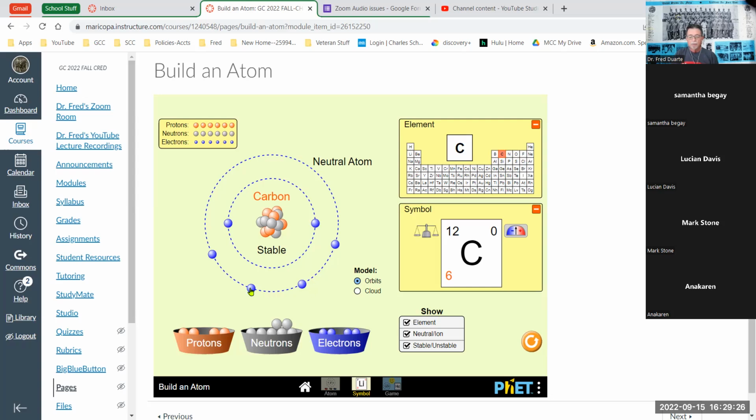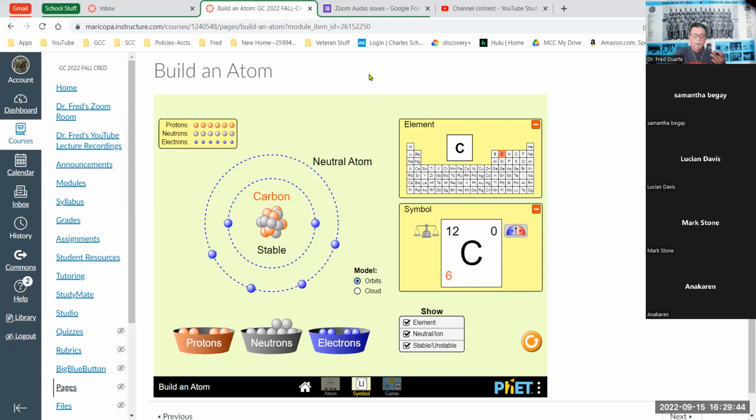There are 4 valence electrons in the outermost shell. Carbon has the capability, being in the middle, because we're looking for the magical 8, where it would lose all 4, or it can actually pick up 4 more to fill up the outermost shell. But more on that in a bit.